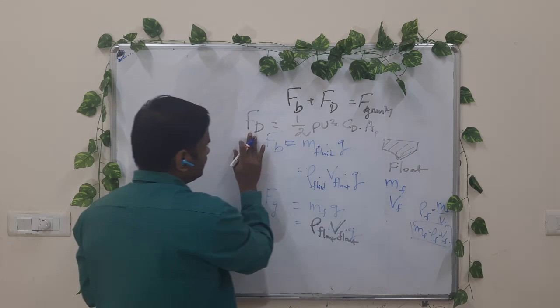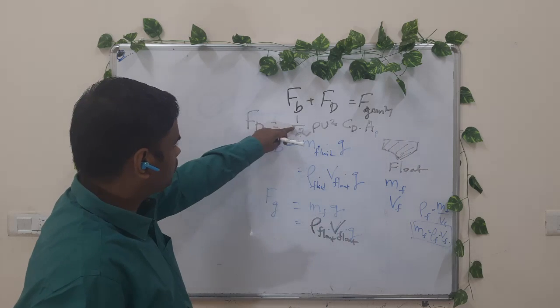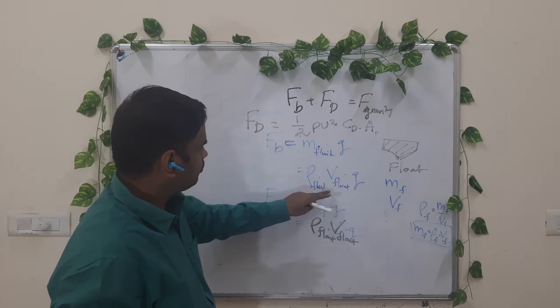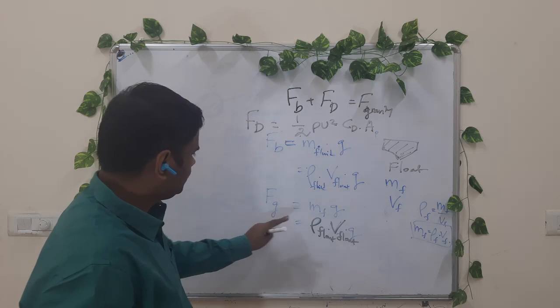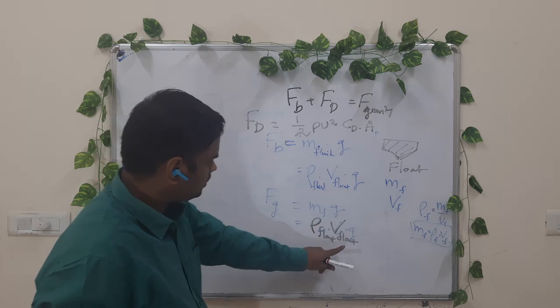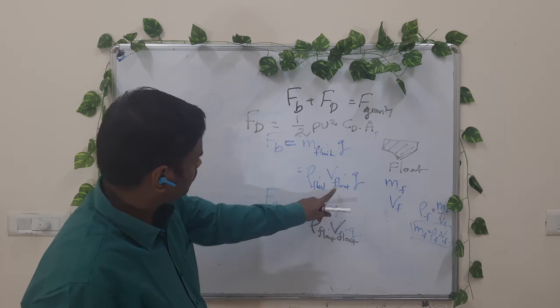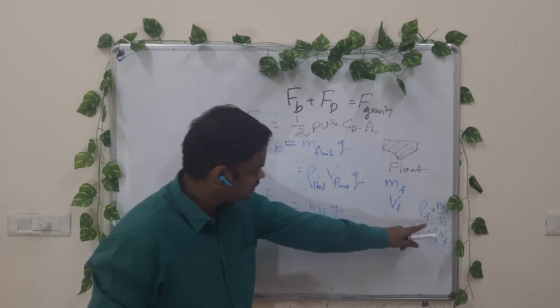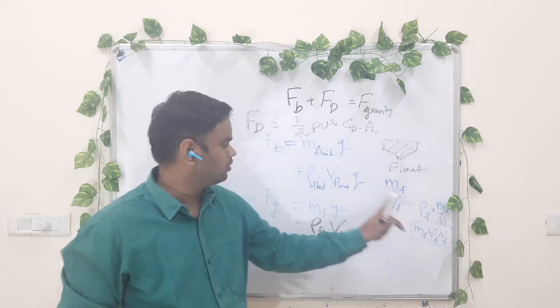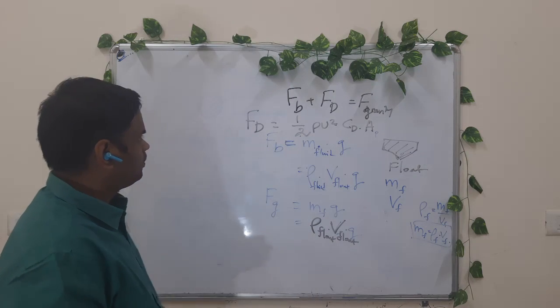Okay, so we have drag force equal to half rho v square CD A, FB equal to rho f V float into g, Fg equal to rho float V float into g, where V is the volume of the float and rho is the density of the float. Okay, because we are writing mass in terms of density and volume. Don't confuse with the velocity term here.